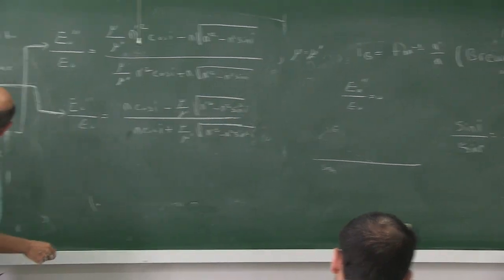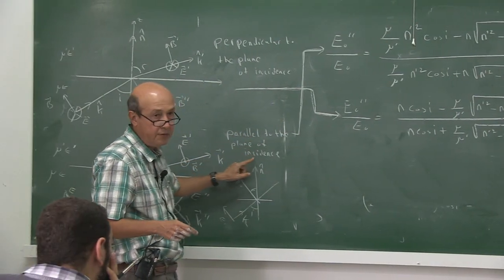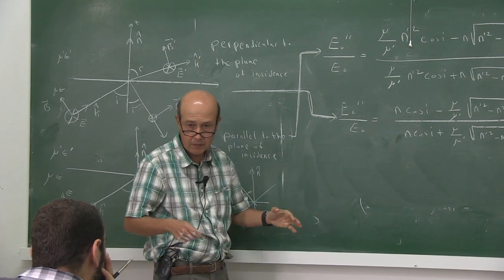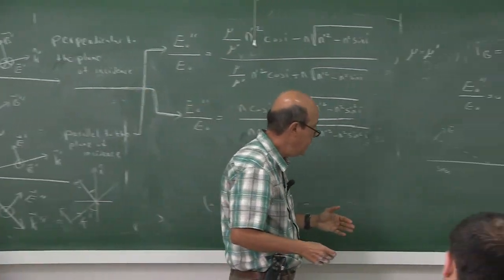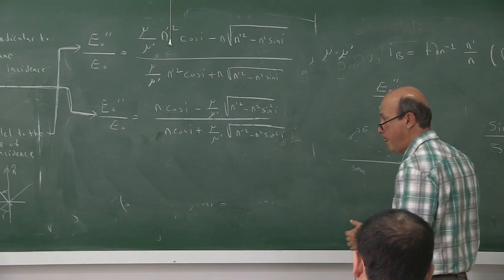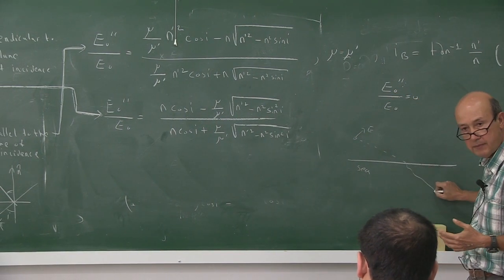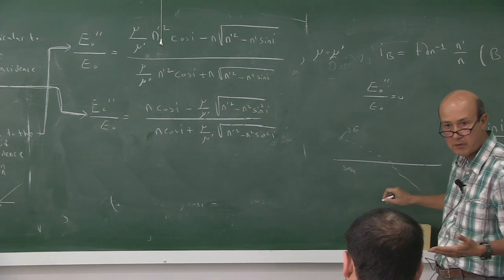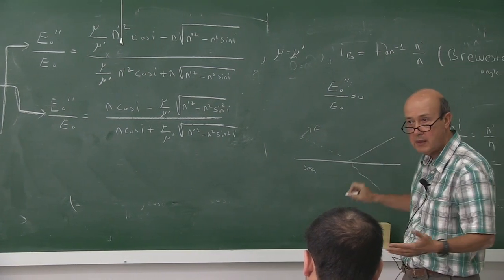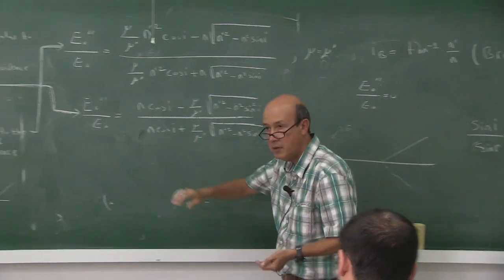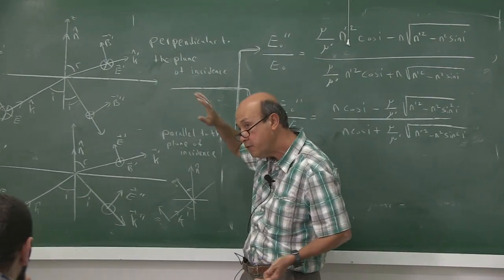But for the mode parallel to the plane of incidence, all waves do not reflect, they enter the sea. Okay? The reflected one is the other mode, and that is fully polarized.